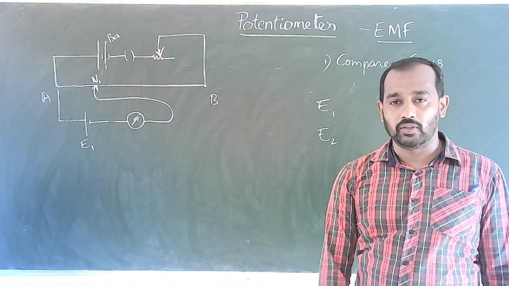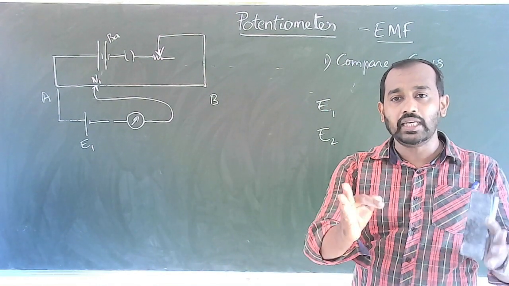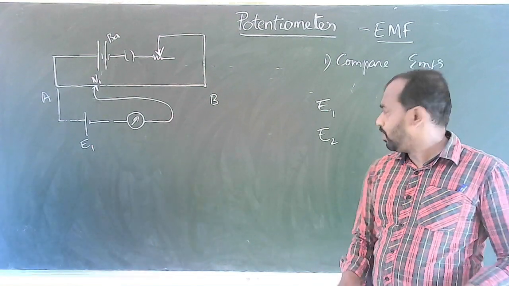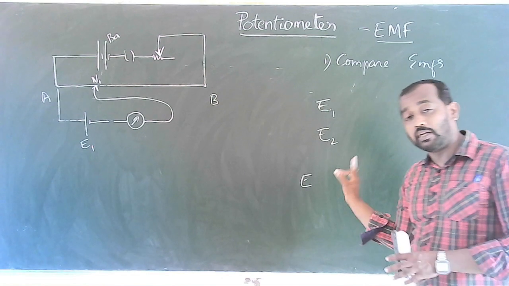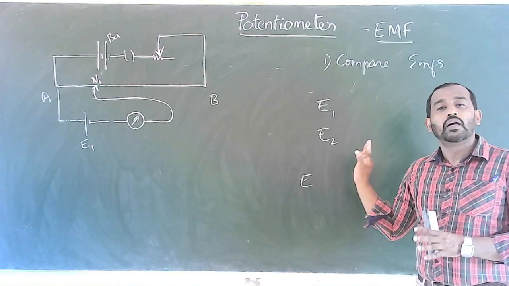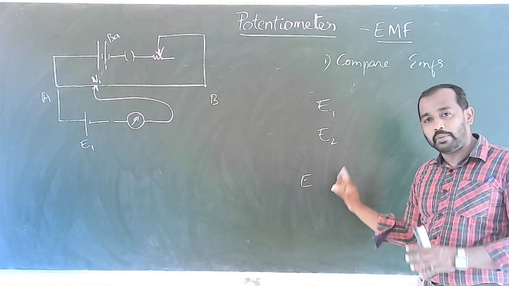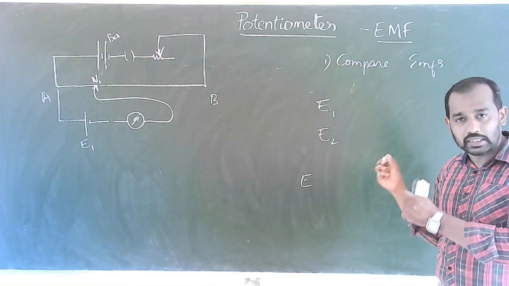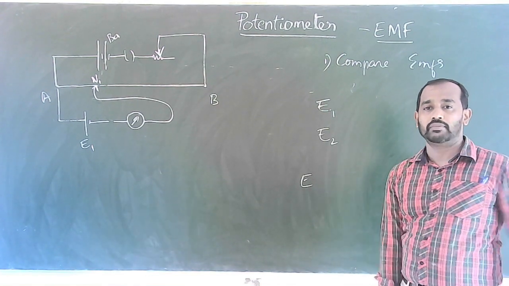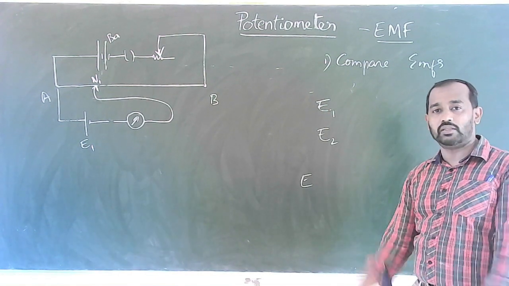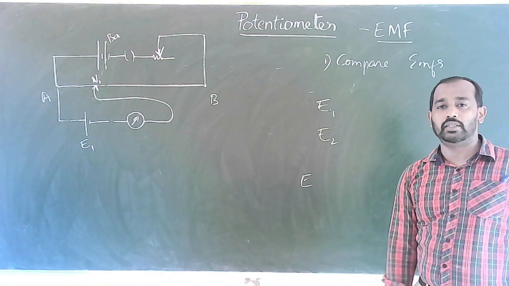No current is flowing through the cell. So that's why we get the EMF. In the previous classes we have seen that EMF is the potential difference between the two terminals of the cell when no current flows through it, when the current through the cell is equal to 0. So that condition has been achieved here.